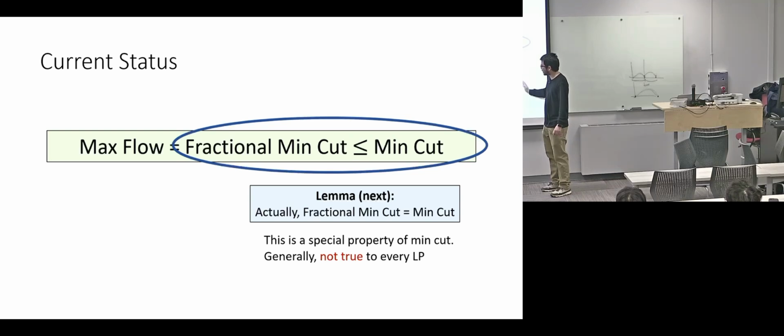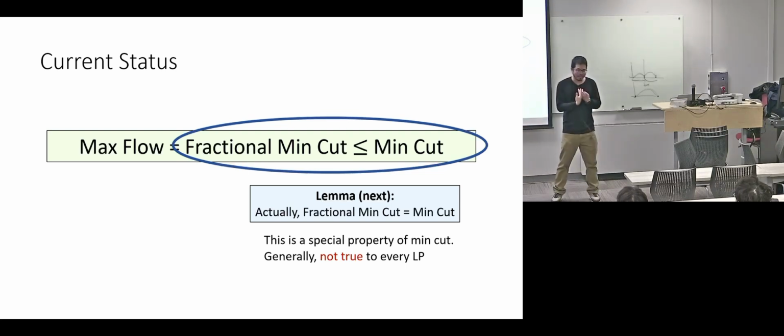And by the way, this is a special property of min cut. It's not true for any LP, it's just true for the LP for min cut. But you see that now, to prove the max flow min cut theorem, it's not about coming up with some algorithm, no Ford-Fulkerson algorithm.